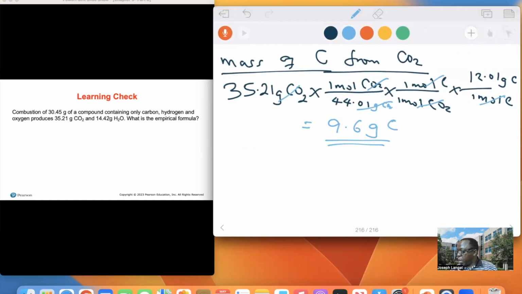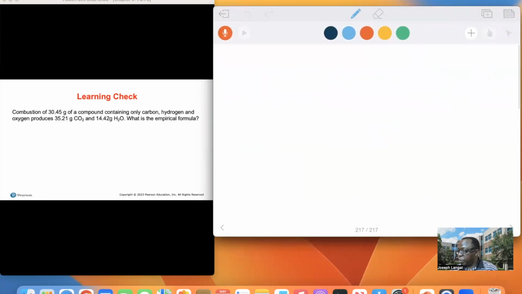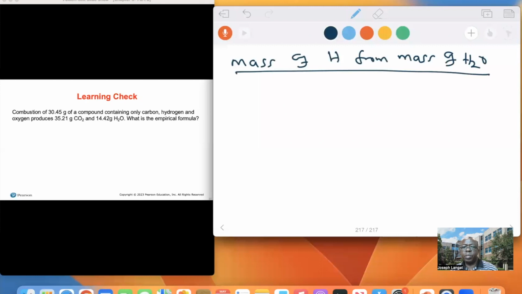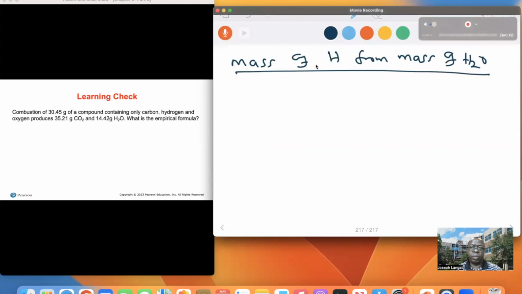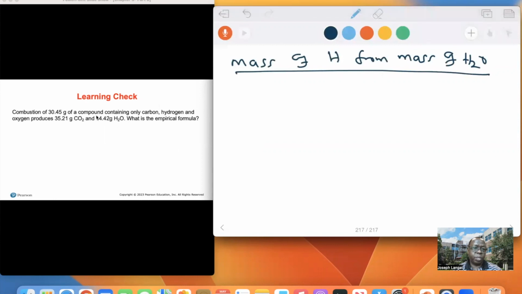Now, mass of hydrogen from mass of H2O. We need to use the mass of H2O, which is here, to find the mass of hydrogen. So mass of hydrogen is determined from the mass of H2O this way.